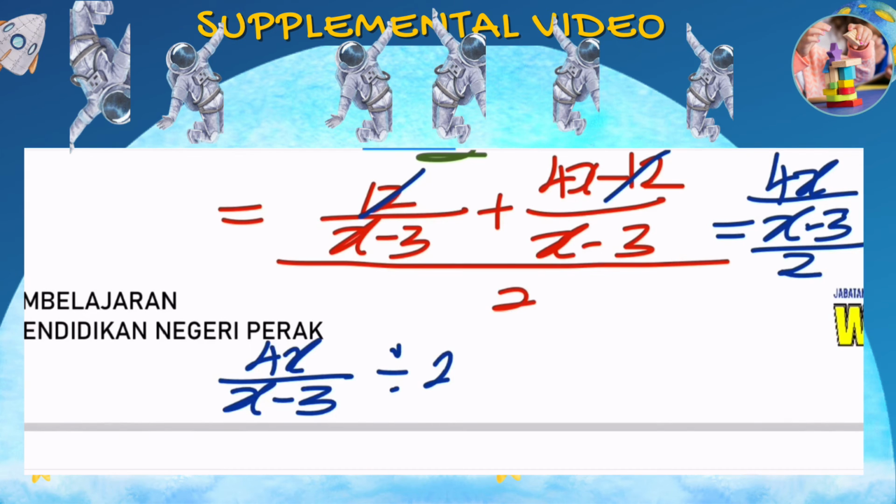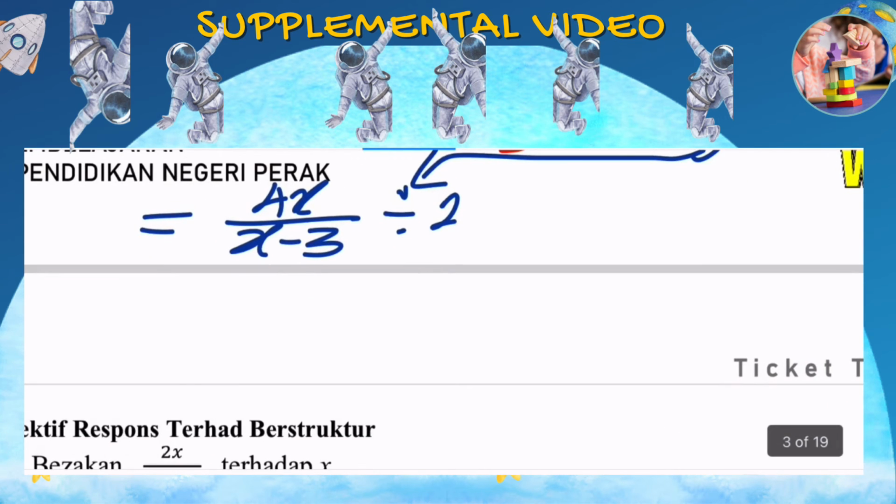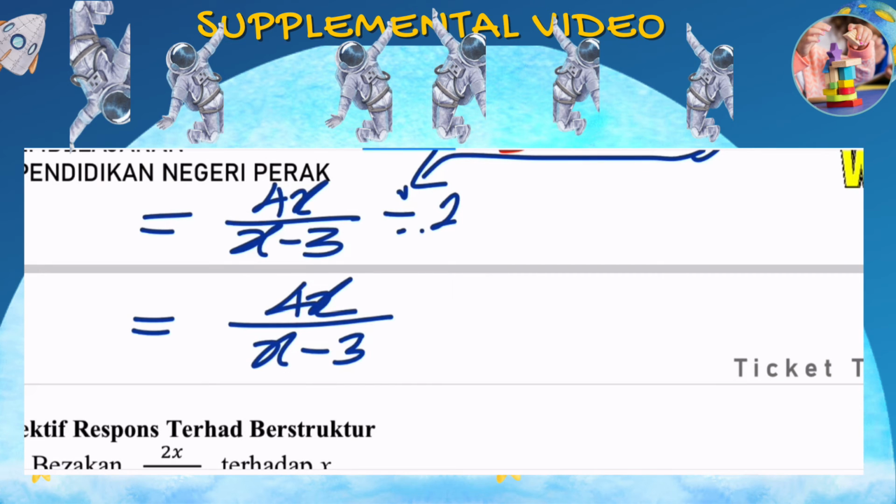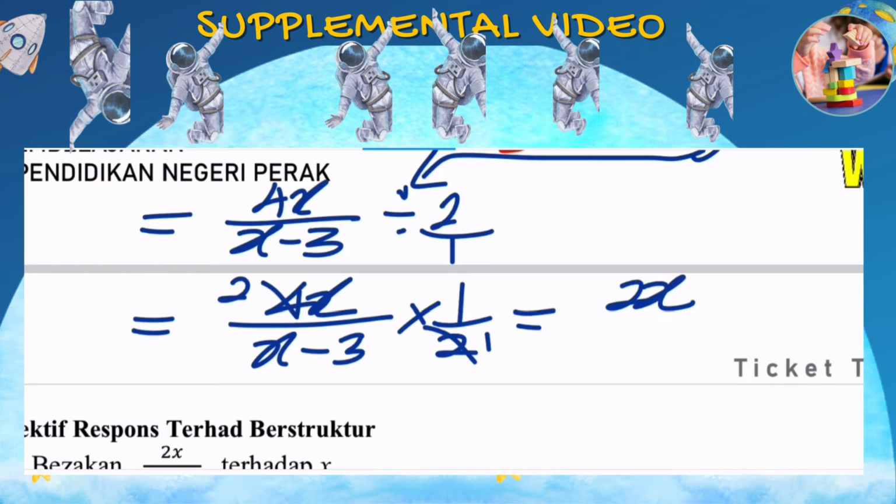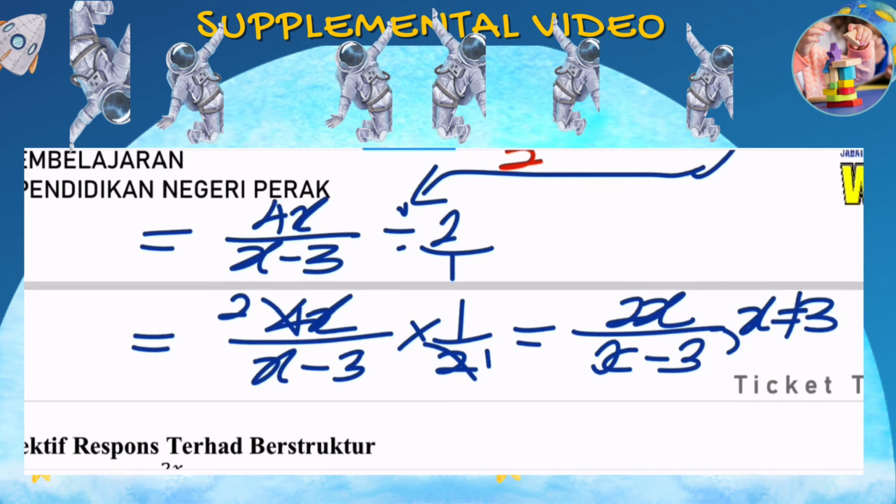Always do it like that so that you won't get confused. So after that, we make it multiply: 4x over (x minus 3) times 1 over 2. So we need to simplify, right? The 4x divided by 2 becomes 2x over x minus 3. And the condition is x cannot be equal to 3. Make sure you write the condition.